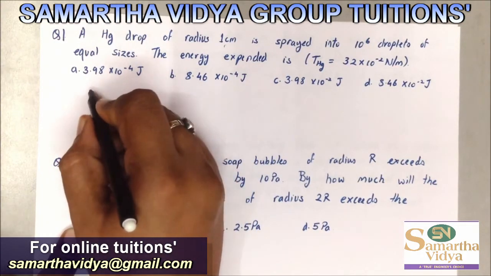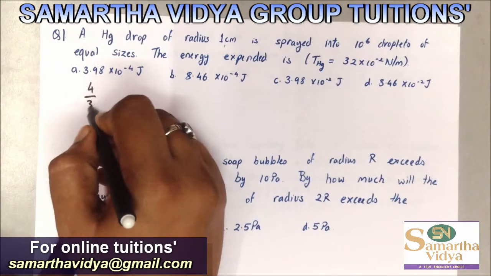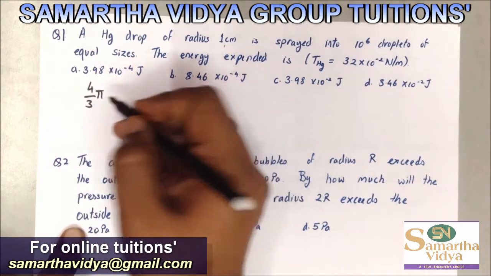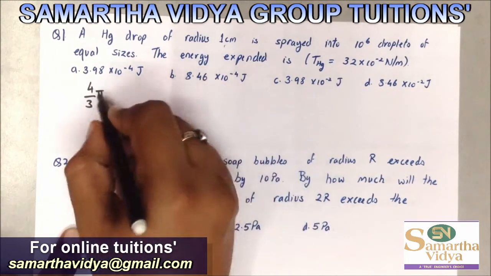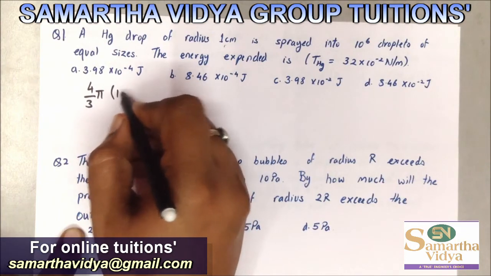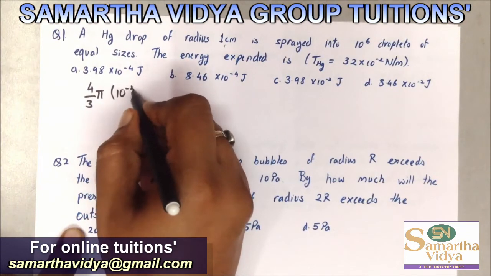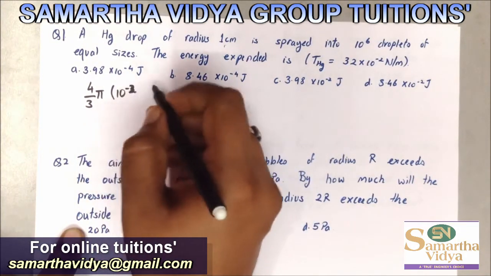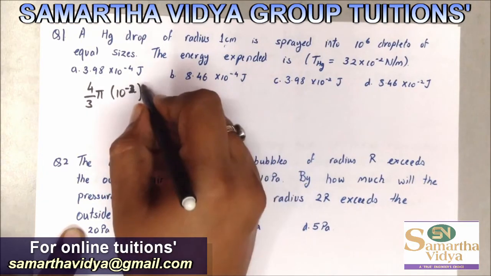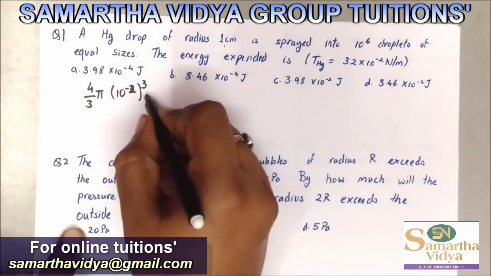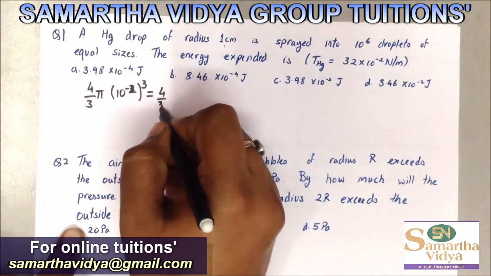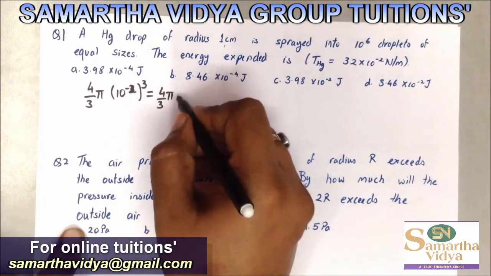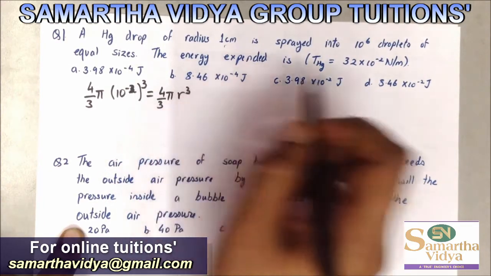So the original volume, we know volume of sphere is 4 by 3 pi r cube. So it is 4 by 3 pi into 1 centimeter, so 1 centimeter is 10 raised to minus 2 meters, raised to 3. So it is r cube, and this will be equal to 4 by 3 pi, the new radius r cube, into 10 raised to 6.